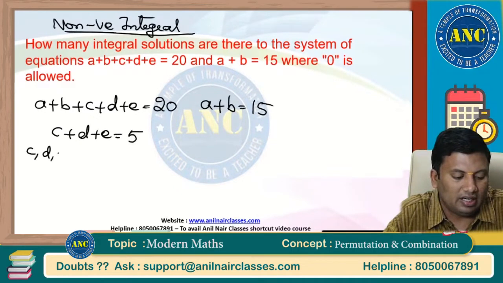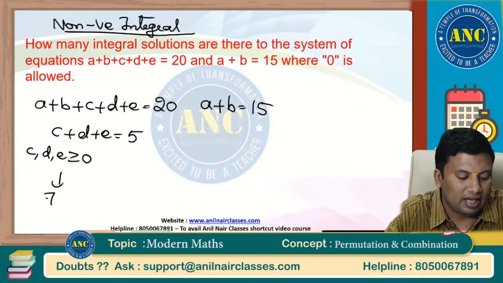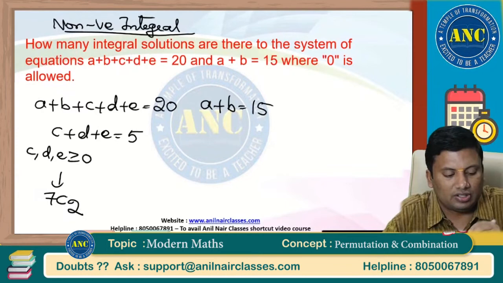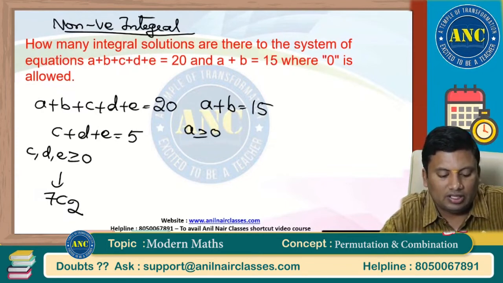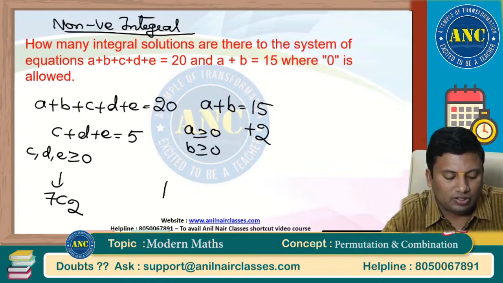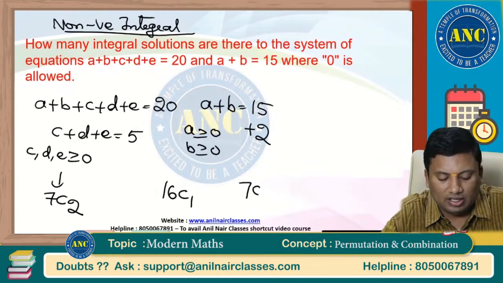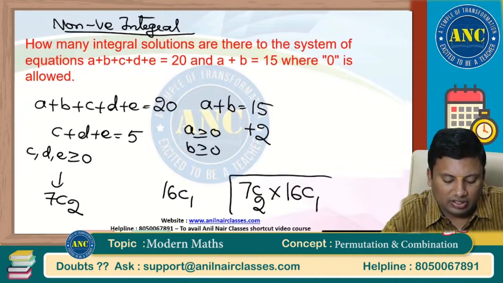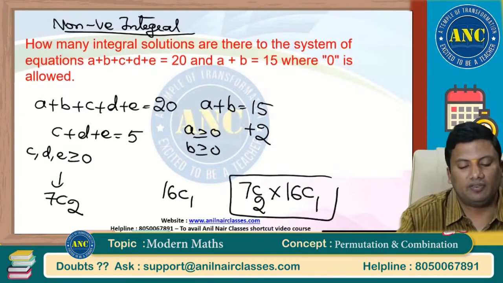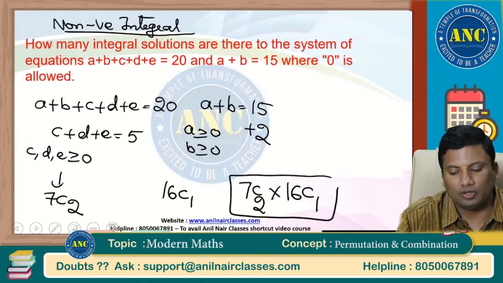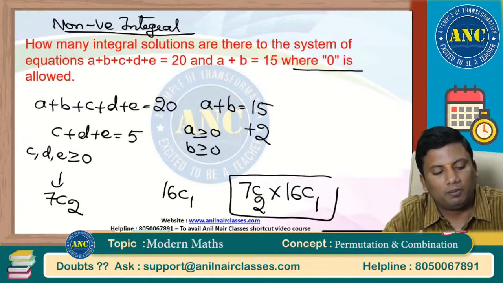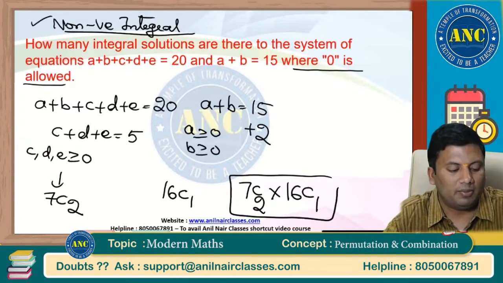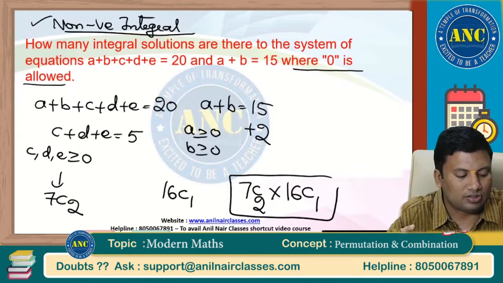C, D, E all are starting from zeros, so 5 plus 3, 8, which is 7C2. For A and B, 15 plus 2, 16C1. The answer is 7C2 into 16C1. Because 0 is allowed, it became a non-negative integral solution.